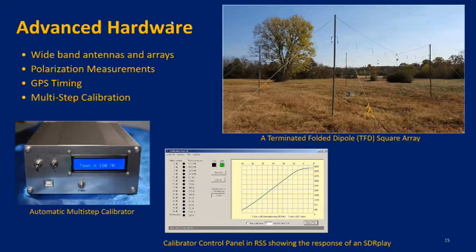But anytime you want to do a more advanced system or do some imaging, it quickly gets into the thousands of dollars, and that's no different here. So you get a wideband antenna and a calibrator, you're up to a few $1,000s very quickly.